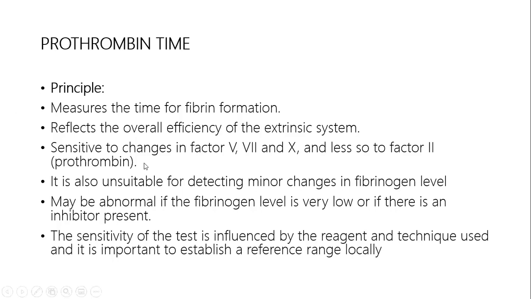Prothrombin time is sensitive to changes in clotting factors 5, 7, and 10, and less sensitive to clotting factor 2 or your prothrombin. So basically, if may deficiency kita sa clotting factor 5, clotting factor 7, clotting factor 10, and clotting factor 2, mangin abnormal ang prothrombin time result.